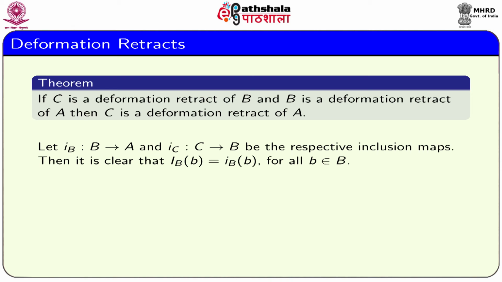Let IB from B to A and IC from C to B be the respective inclusion maps.